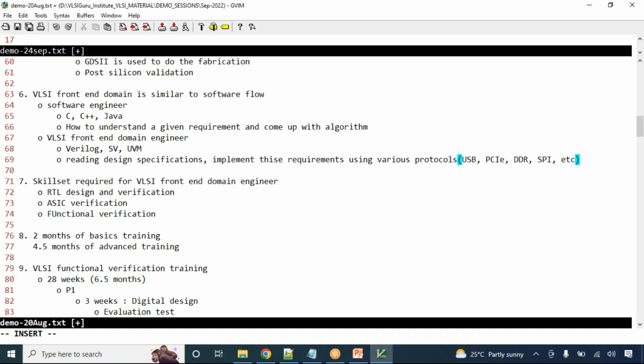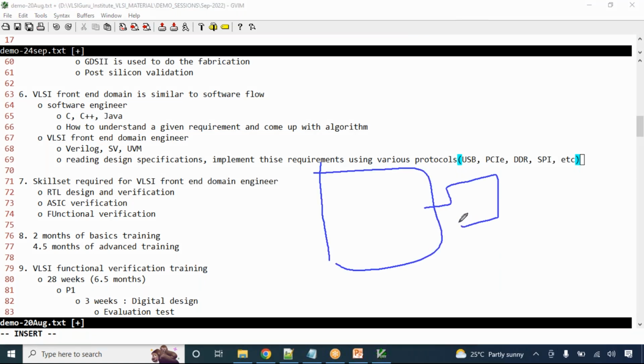Have you heard of the term SPI protocol anytime? SPI, I2C, some protocols will be there, like USB is a protocol. What is meant by USB protocol is, as soon as you connect your pen drive and you start doing a transfer, data moves from laptop to the pen drive.